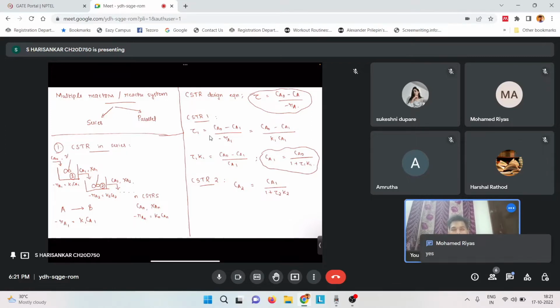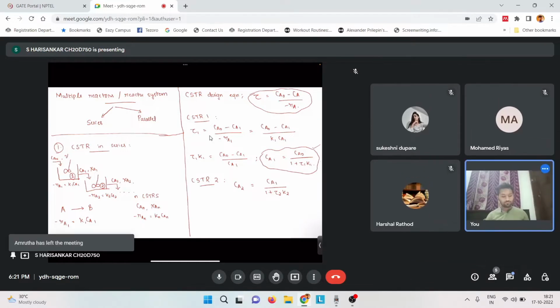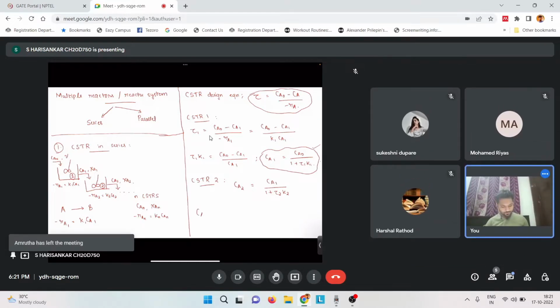Before we move on to CSTR3, we have the CA1 expression as CA1 is equal to CA0 by 1 plus tau 1 K1. So what we can do is substitute this CA1 in CSTR2 with that equation. So CA2 will be CA0 by 1 plus tau 1 K1 into 1 plus tau 2 K2.